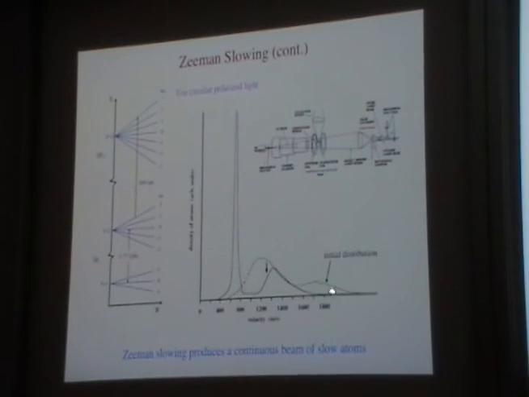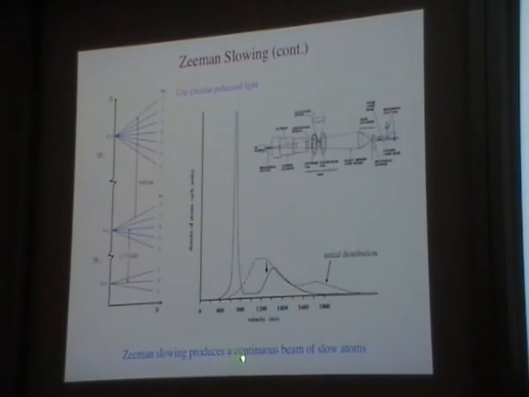But anyway, if you look at this, this is the initial distribution of the atoms, this dashed curve here, and this is the final distribution of atoms, this solid curve, due to the presence of the Zeeman slower. So in this case, you keep the laser at a fixed frequency, but as the atoms move in this tapered, spatially varying magnetic field, they come back into resonance with the laser, and as a result, scatter more photons and get slowed down to lower velocity.